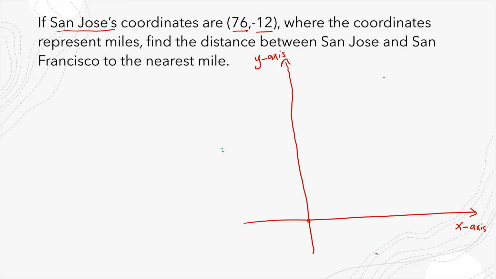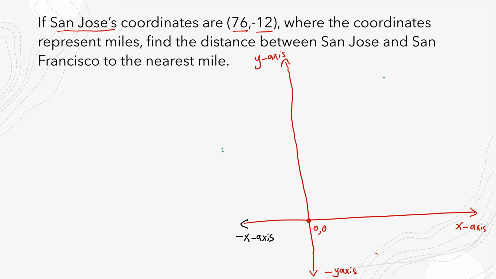This is the origin where the coordinates are 0 and 0. If I go below this point, then I am in the negative y-axis, and if I go towards the left of this point, then I am in my negative x-axis.